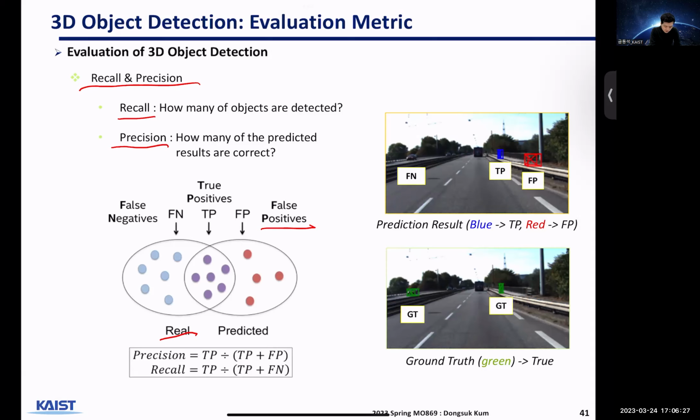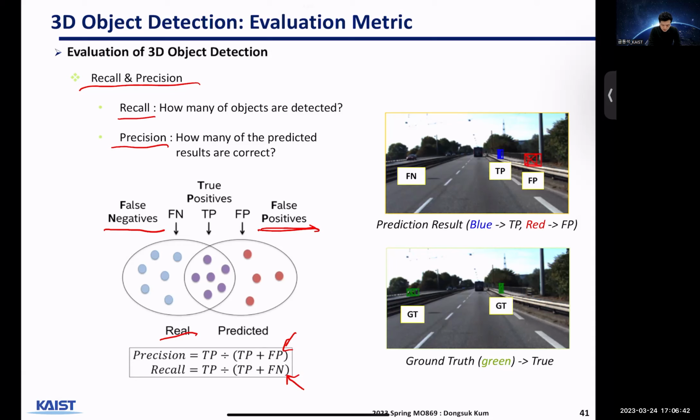So you want to minimize false negatives and false positives. Then you can get 1 for both precision and recall.